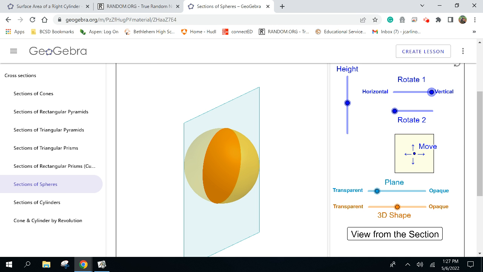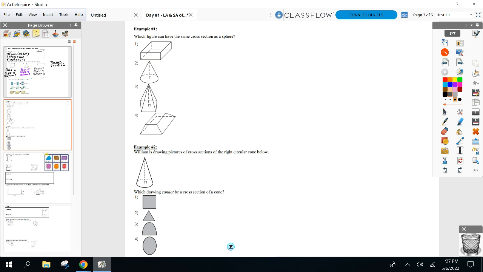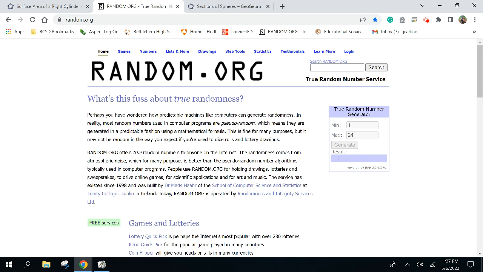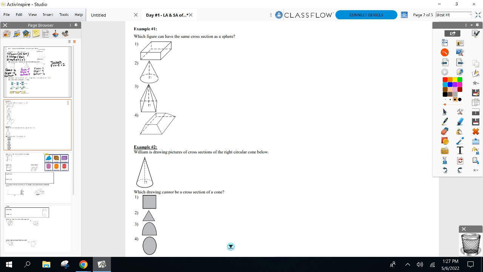So what am I asking for in this problem? Which one will also have a cross section of a circle? So look at my figures there and think about cutting them horizontally, vertically. Which one will also produce a circle when I cut it? Numbers, here we go. Let's start off 13. 2.